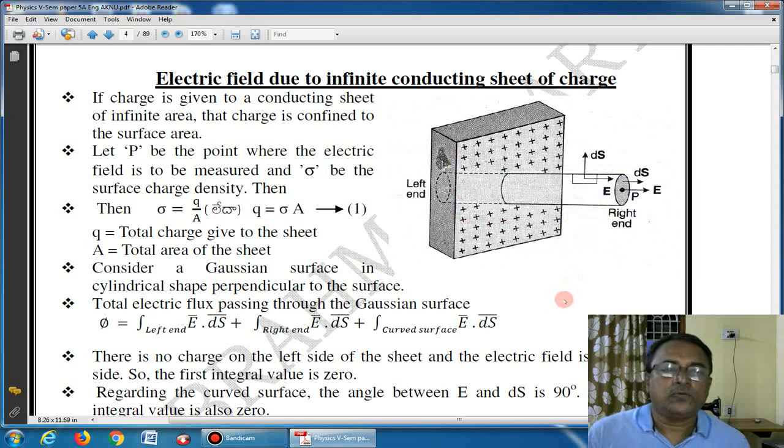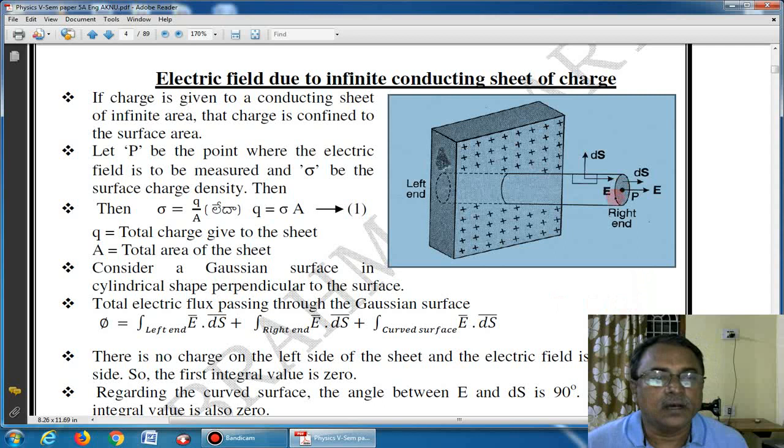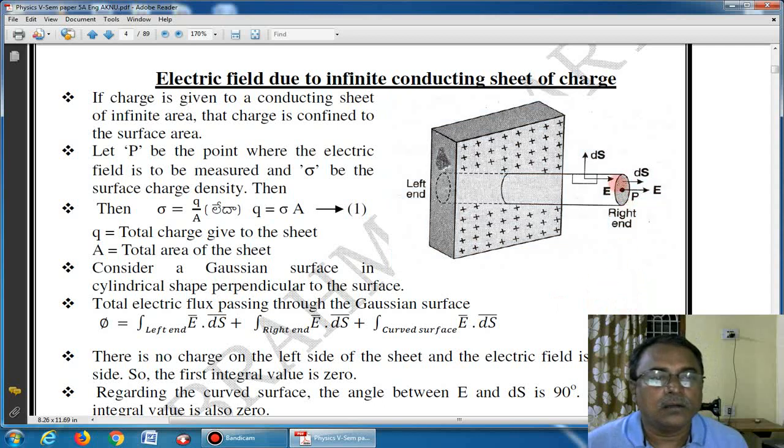In order to find out the electric flux, we will take a small area on the left end.